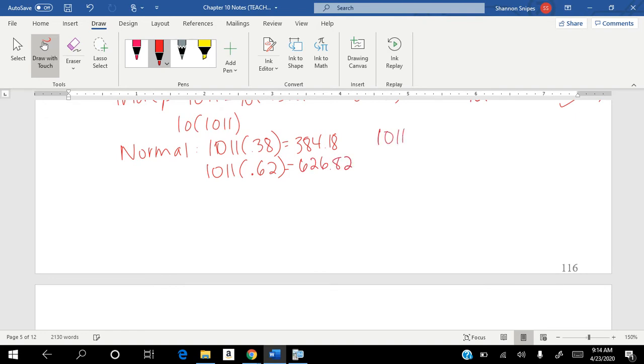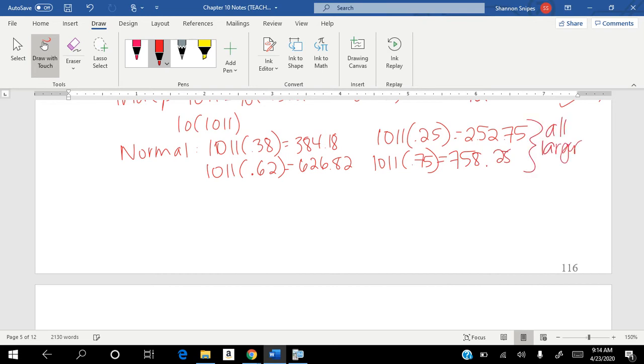And let's check for the second sample. This time in 2012, it was 25%. And that gives you 252.75. And 1,011 times 1 minus 25%, 0.75, is going to be 758.25. And these are all larger than 10. So our normal condition has been met.